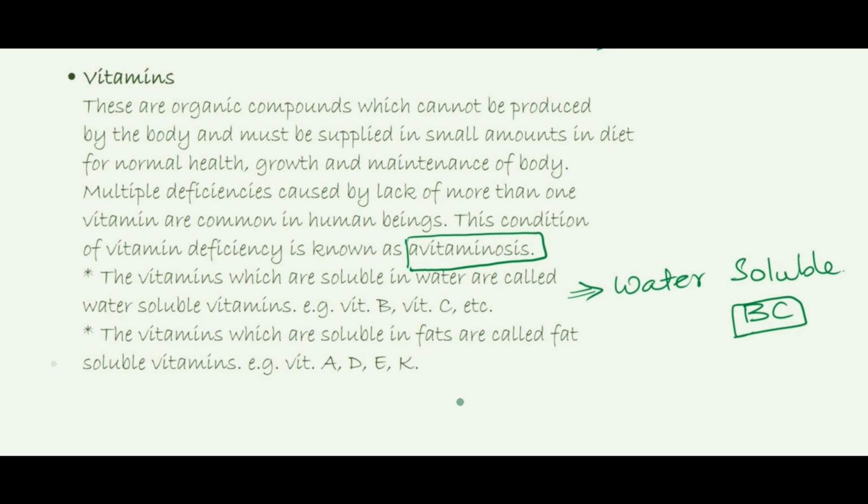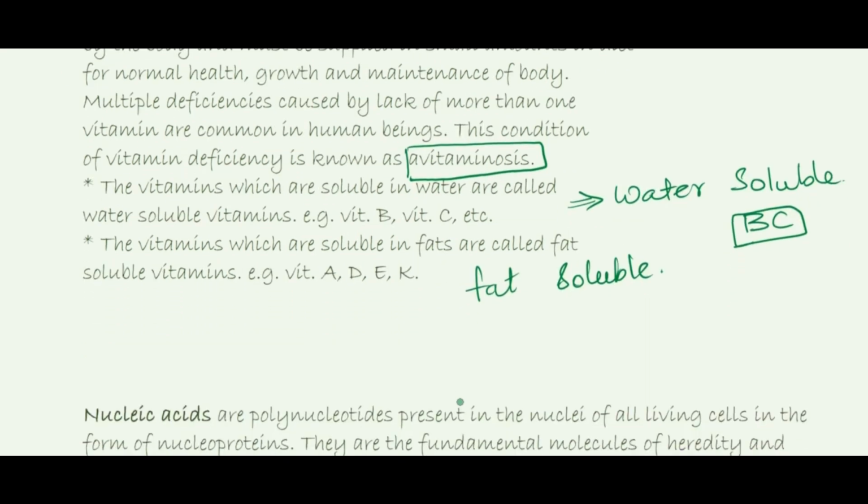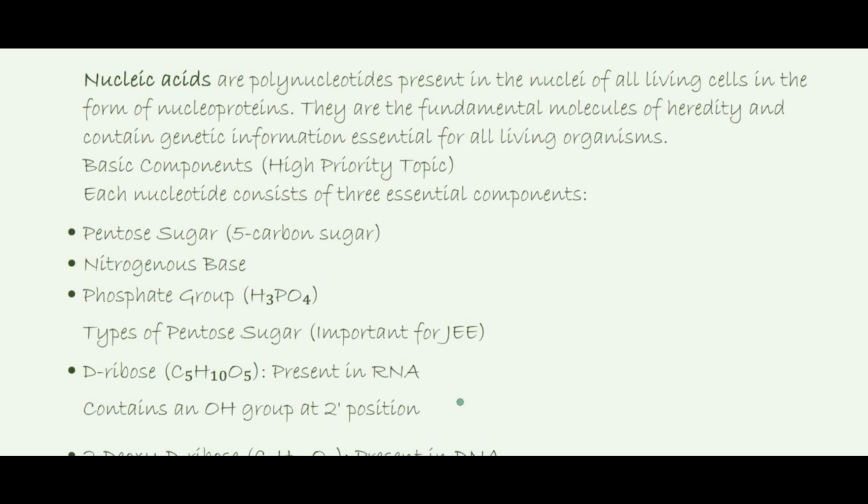Other than this, A, D, E and K are fat soluble. Once you remember one, the other will be easier. Okay, that's it about vitamins. They won't ask many questions, and if they do, they will cover this part. Finally, we are going to see about nucleic acids and then hormones.